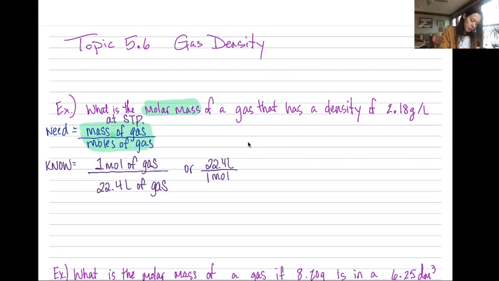We also know that we have a density of 2.18 grams per liter. So there's 2.18 grams of gas for every 1 liter of gas.